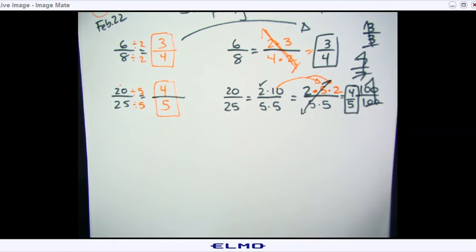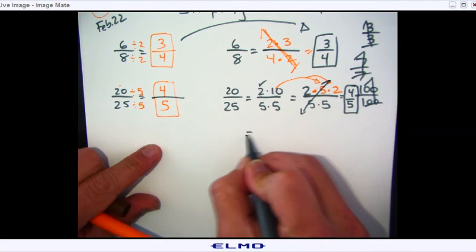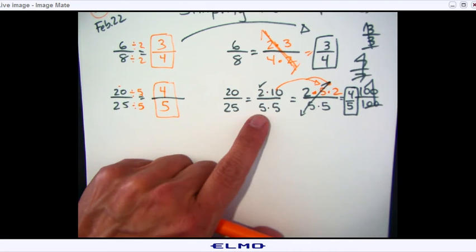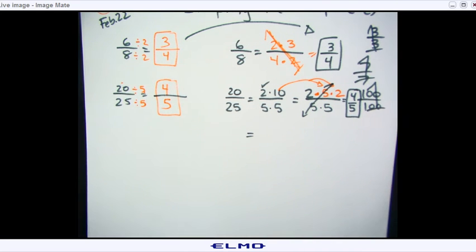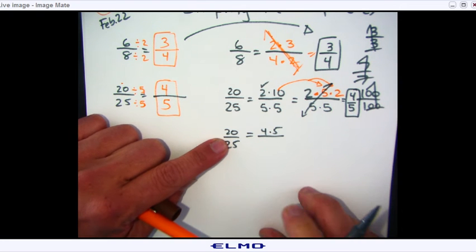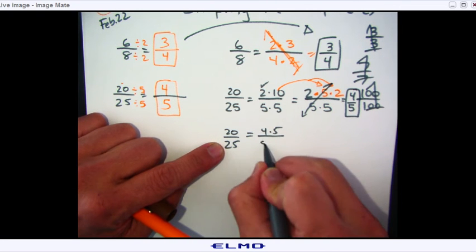Is there another way to do this? The next one is 20 over 25. 4 times 5 is 20, and 25 is 5 times 5.